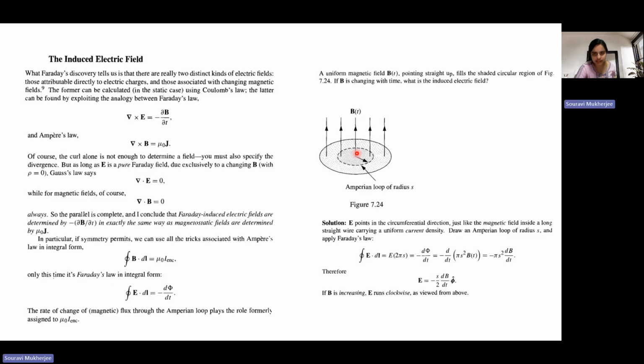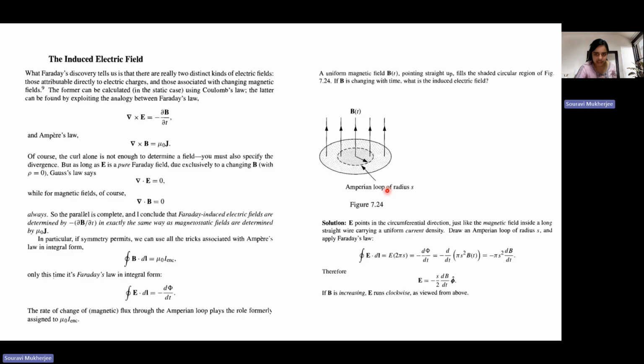So what you can do basically is use this relation. You can say, what is the electric field in this region? You can do a line integral. So consider an Amperian loop, a circular loop. The line integral will be E into 2 pi s, where s is the radius of this Amperian loop. And what is the flux linked to this region?